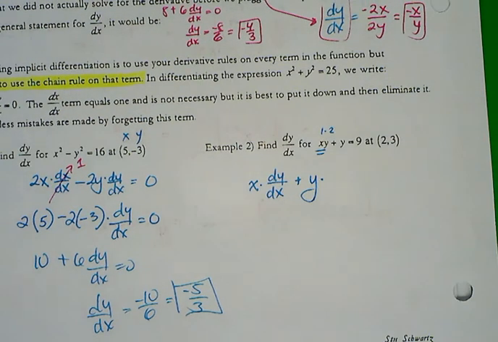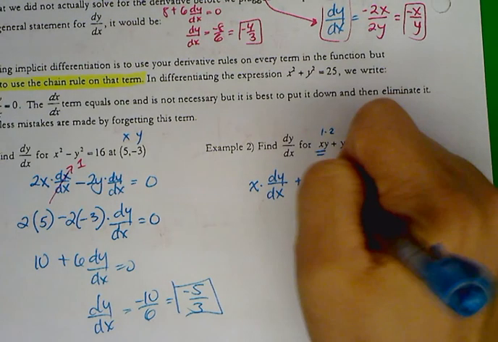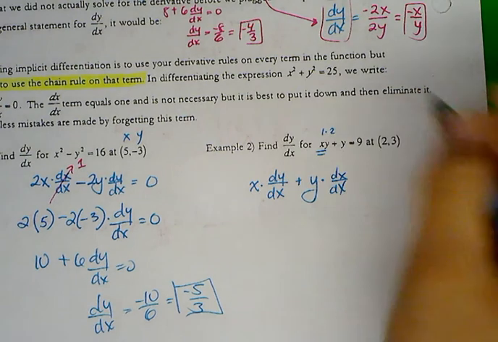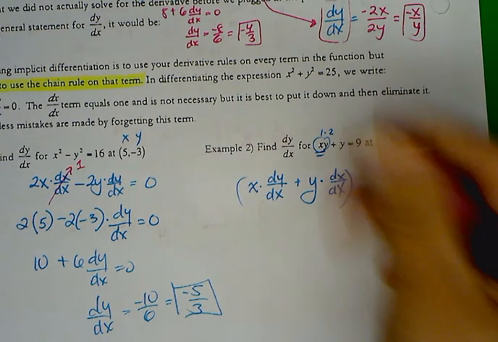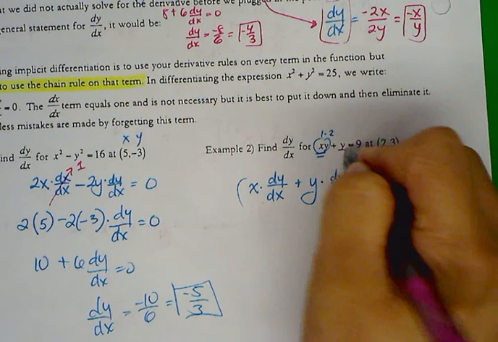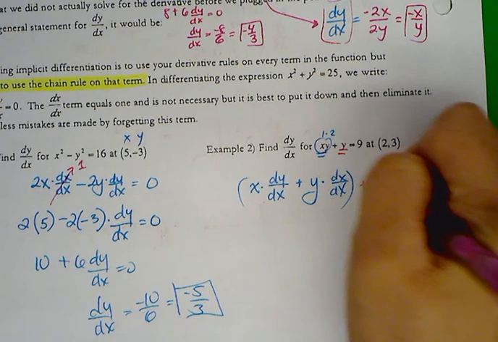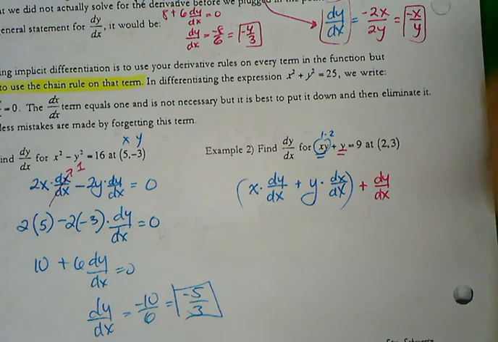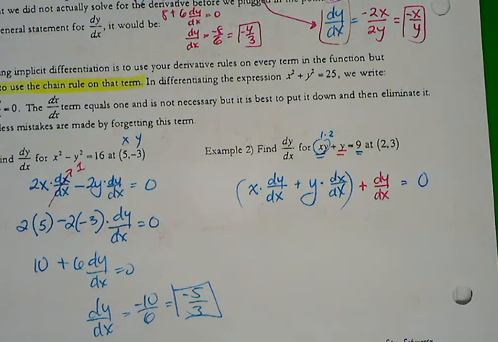The derivative of x is 1, dx/dx, or we know that is 1. Okay, all of that was this. 1d2 plus 2d1 plus, what's the derivative of y? dy/dx equals, what's the derivative of 9? 0. Okay?